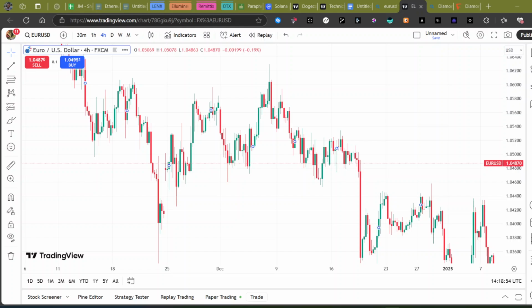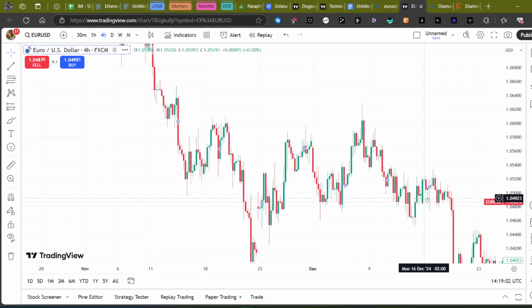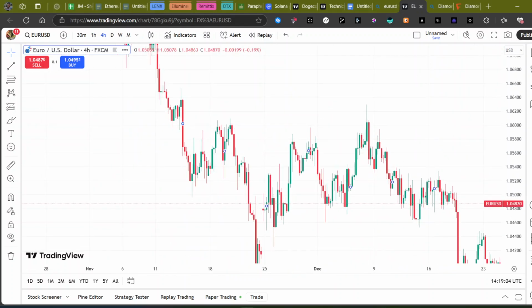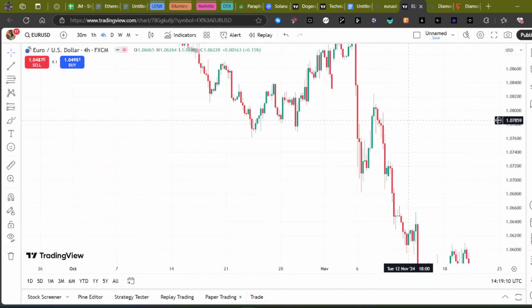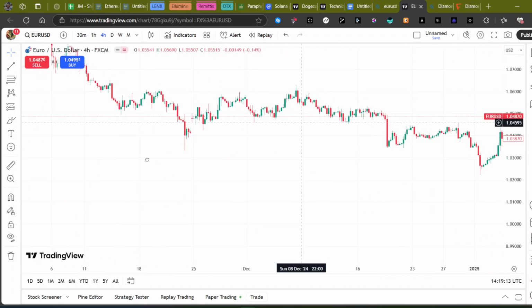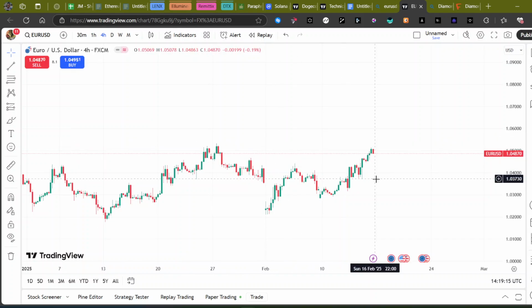Let us look at how this pattern develops. First of all, you're going to see a broadening formation, because price is first going to make higher highs and lower lows. Let's see if we can find an example.